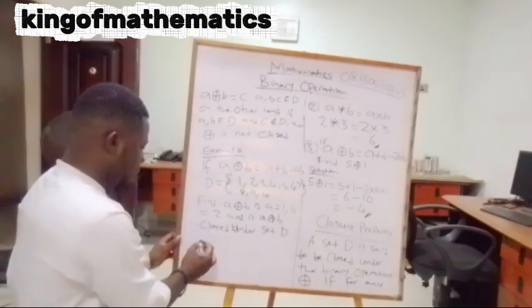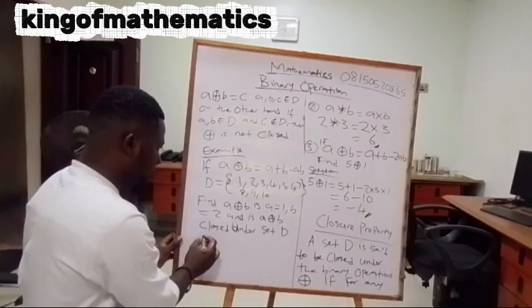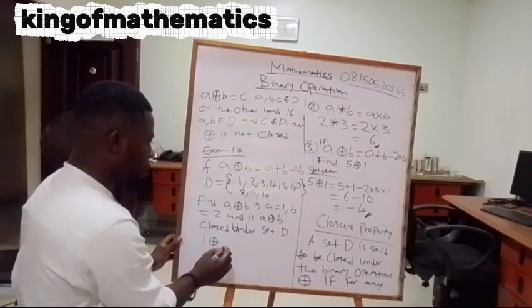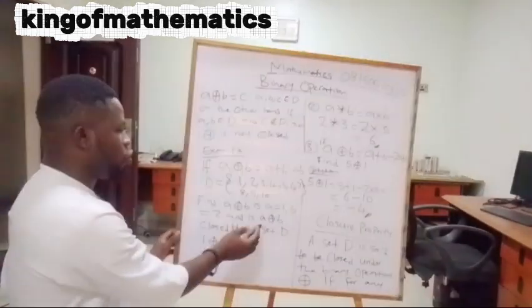Then what they want is that I should find A operation B. That means that will now turn to 1 operation 2. Let's find what 1 operation 2 is.